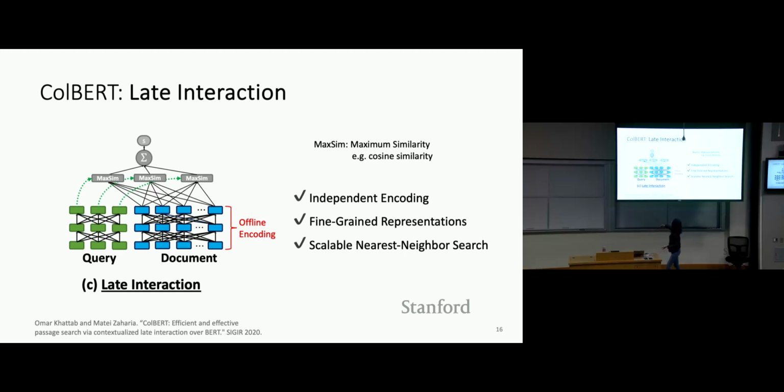So the important part is that all this work on the embedding of the document can be done offline once and for all. Okay? And it's not once every time you do the query. And then with the cosine similarity, you are finding the nearest neighbor search.